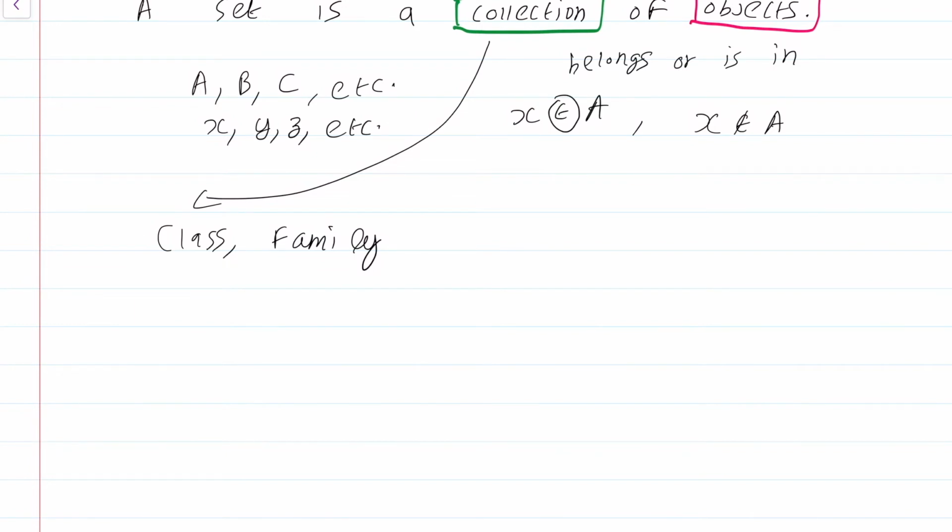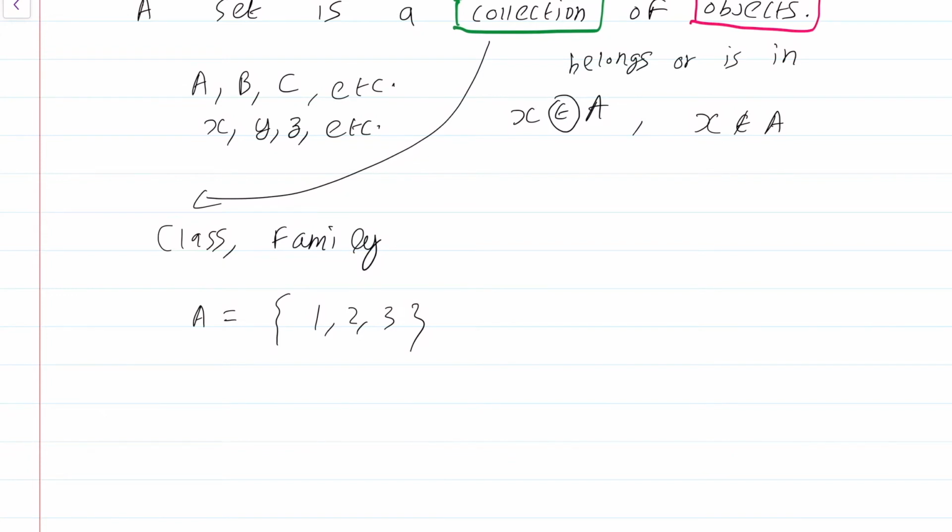But how do you write down a set? Well, the most common way to write down a set is by listing the elements explicitly. We'll write like this: {1, 2, 3}. This is the set consisting of 3 elements, 1, 2 and 3. Now we observe that sometimes this notation is completely impractical.